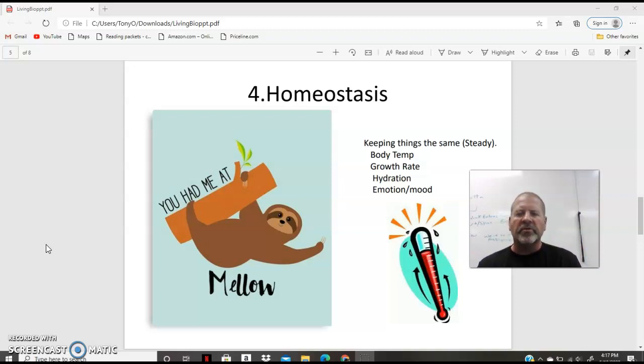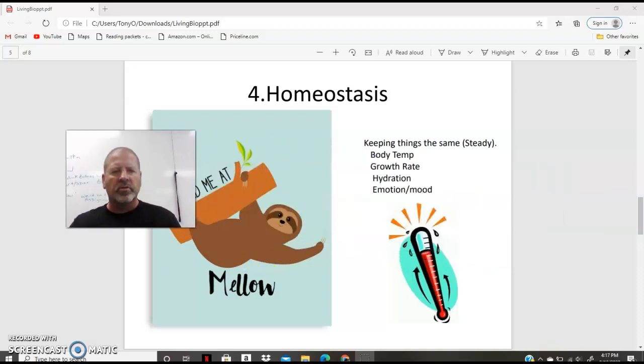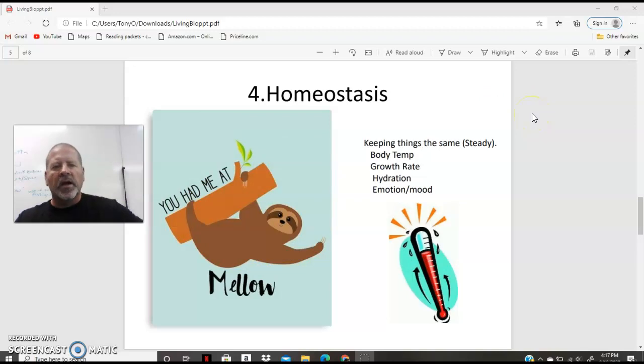But keeping things the same keeps our body from having erratic changes. We want to usually have about the same body temperature. Steady growth rate. Our moods and emotions are regulated by hormones often that keep them from being unpredictable and crazy and erratic. So maintaining homeostasis just basically means keeping an even keel.